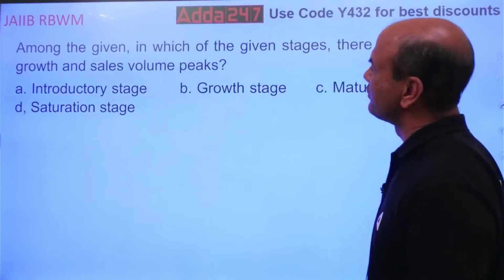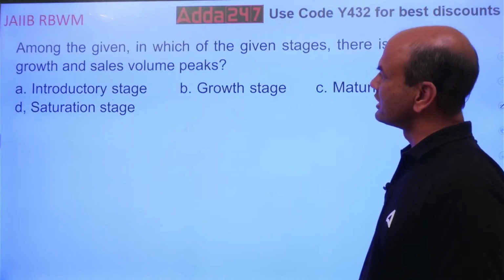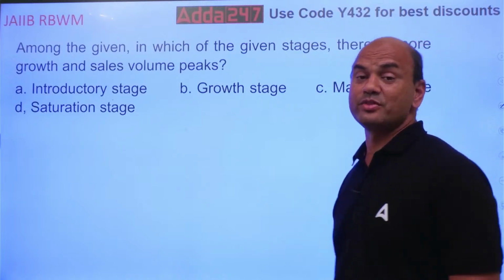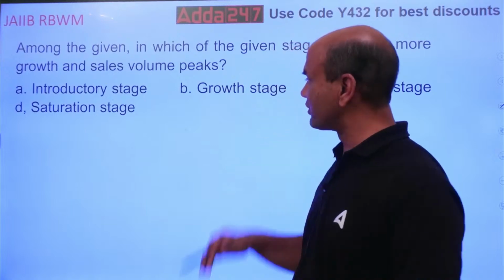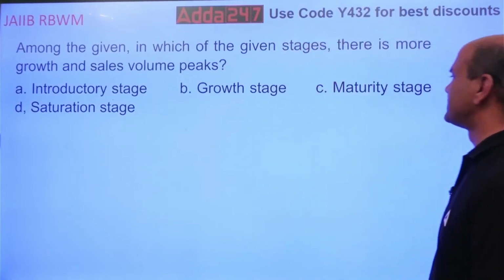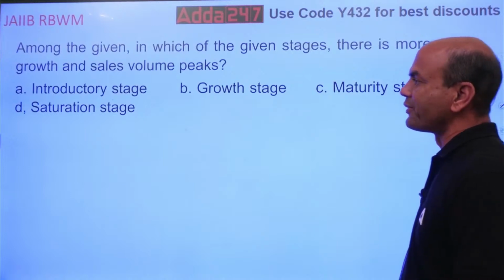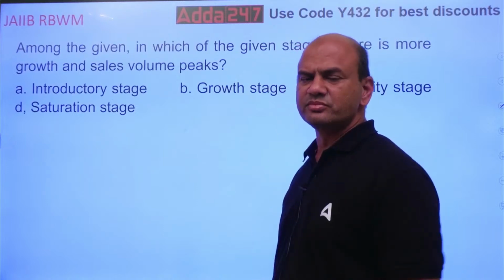Among the given stages, at which stage does growth happen and sales volume peak? Where does the sales volume peak? Now, what are we talking of? Introductory, growth, maturity, and saturation. What do you think?